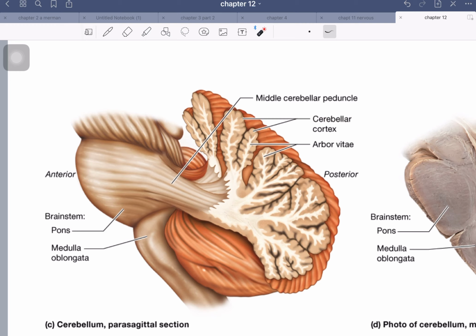We have a superior, middle, and inferior group of peduncles. Here we're looking at the brainstem, and here's the pons, and here's the medulla. You can see the middle cerebellar peduncle is associated with the pons and is carrying information between the two.